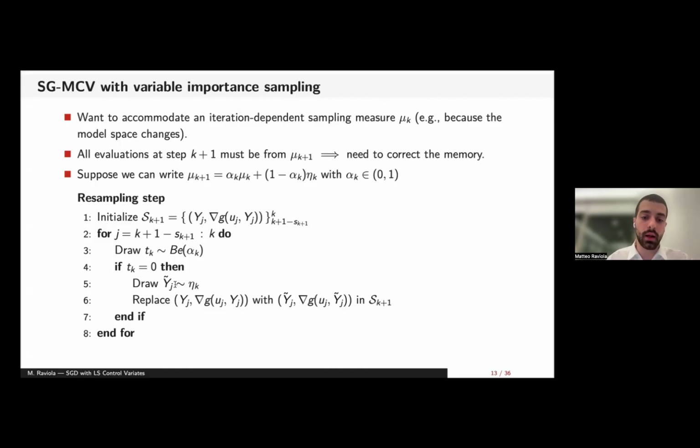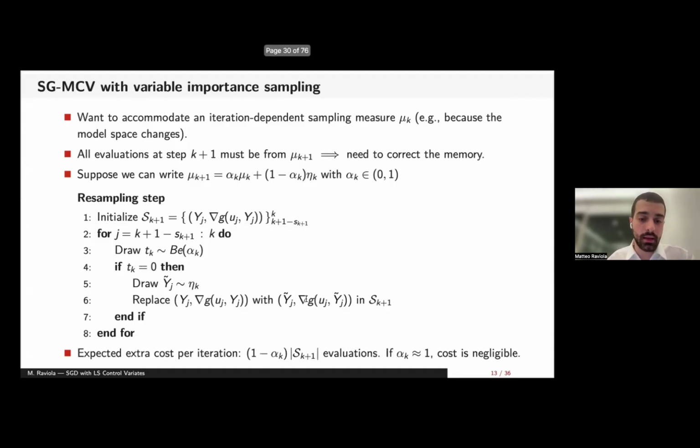Essentially, we re-evaluate at that. So we draw a sample y tilde j from the new measure eta k, and we replace the old evaluation with a new one in S k plus 1. And so after the sweep is done, our resampling step is done. And note that the expected extra cost per iteration, of course we incur an extra cost, is 1 minus alpha k times the size of the input memory.